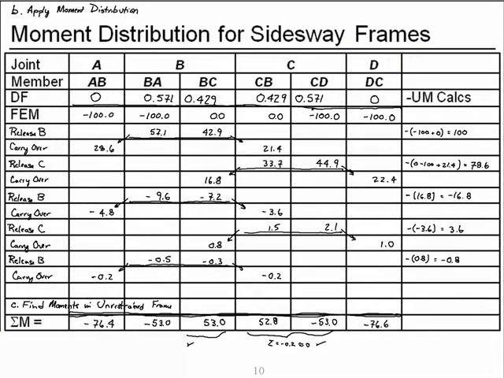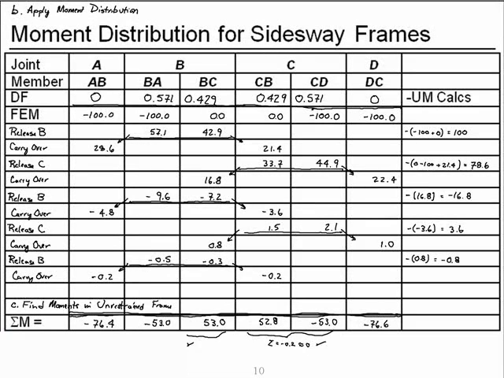The stiffnesses and distribution factors are unchanged between the two situations we superimpose. So we used the same distribution factors, our new fixed end moments, and we applied moment distribution to the restrained frame.